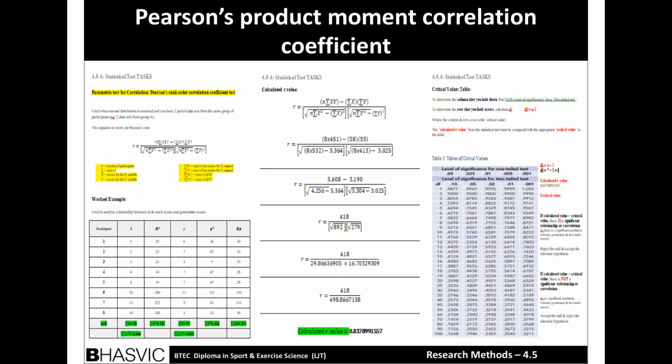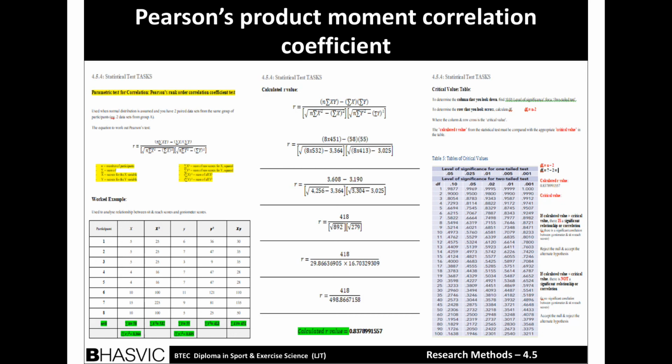Do this for both tests the participants completed. Once you have values for both x and y, multiply them together to create values for xy. Then for xy, add up all the values to create the sum of xy.